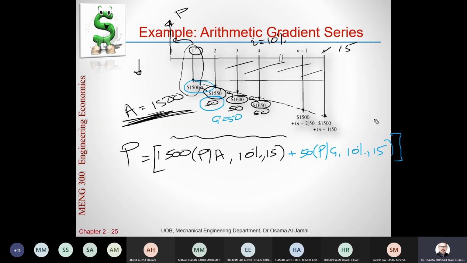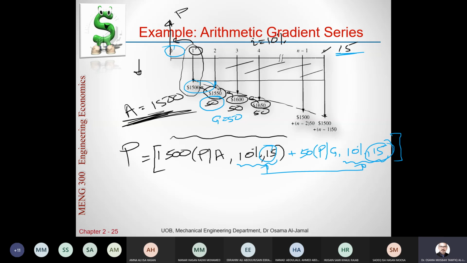Why do we put 15? 15 minus 1 to the left, that's 0, so it will be 15 periods. Notice in here, 10%, 15. The same one, 10%, 15, exactly need to be the same. You cannot change it by yourself for a single cash flow or for one series. Number of years here will be the same as number of periods in there.